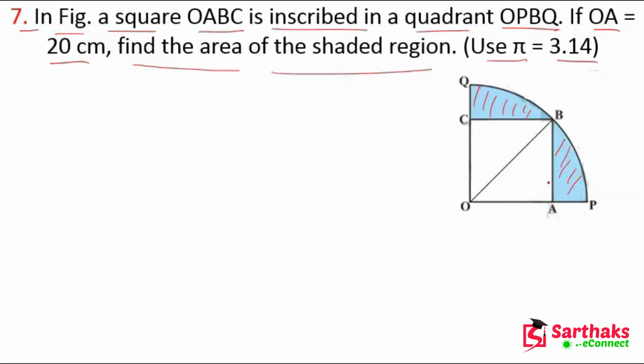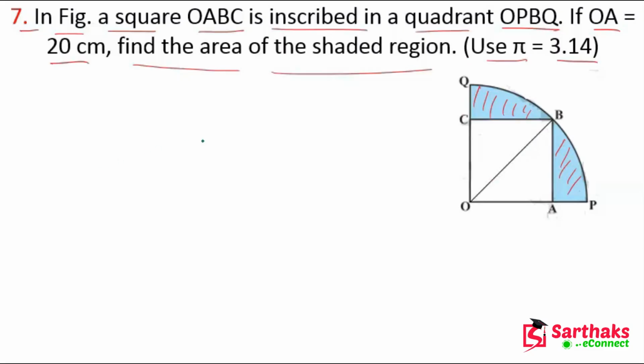For this, firstly we have to find the area of this quadrant and then the area of this square. After finding the area of these two figures, we have to subtract the area of the square from the area of the quadrant. From what? Yes, from the area of this quadrant. Okay, my dear friends, I hope you get this point.